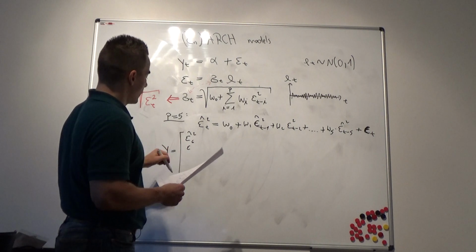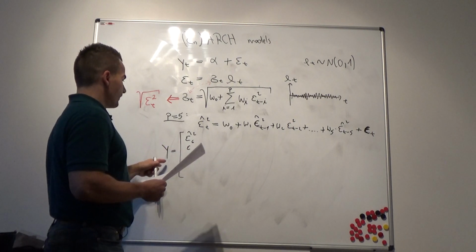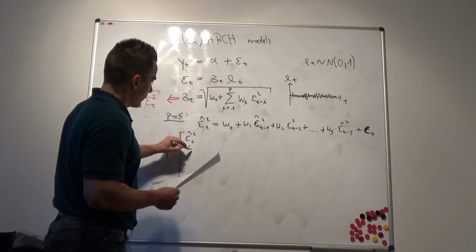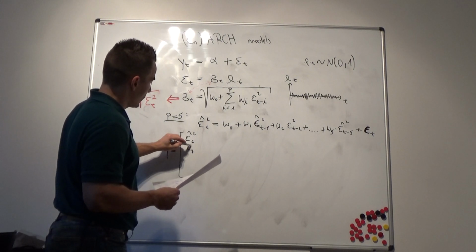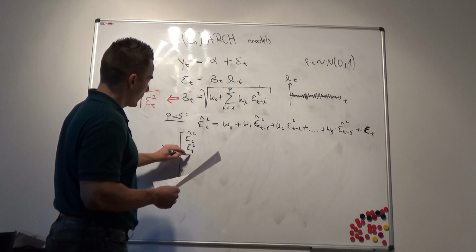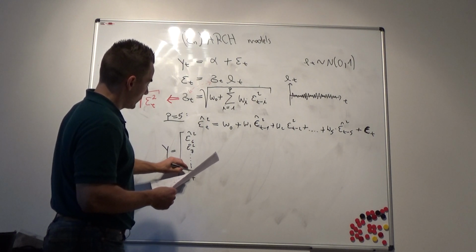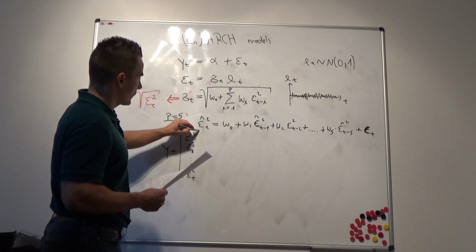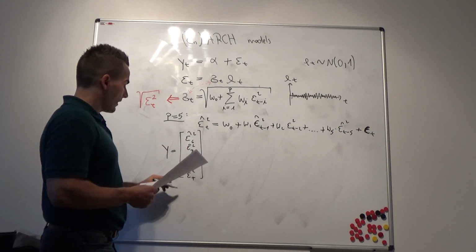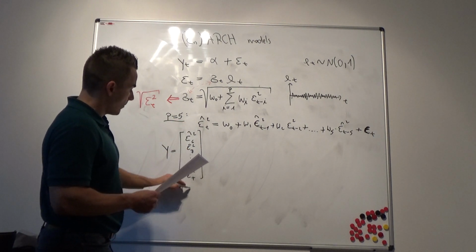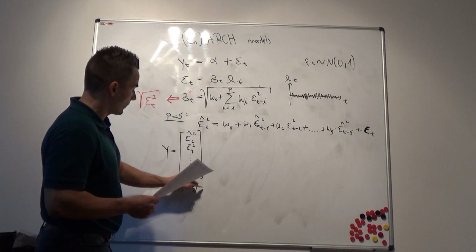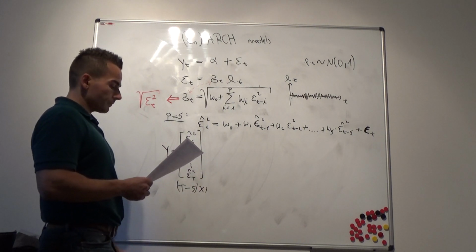And the second element in our y vector would be epsilon 7 hat squared. The last element would be epsilon T hat squared. So our y vector is now a T minus 5 by 1 vector.